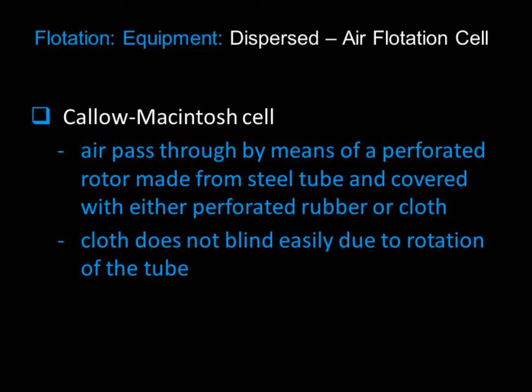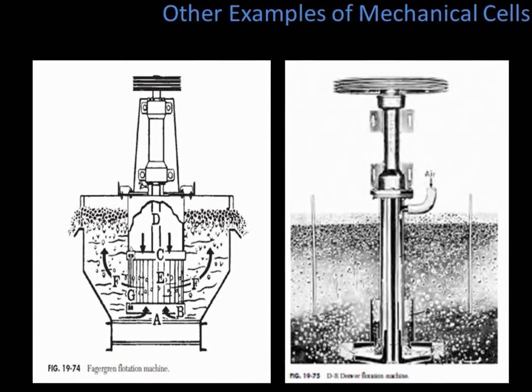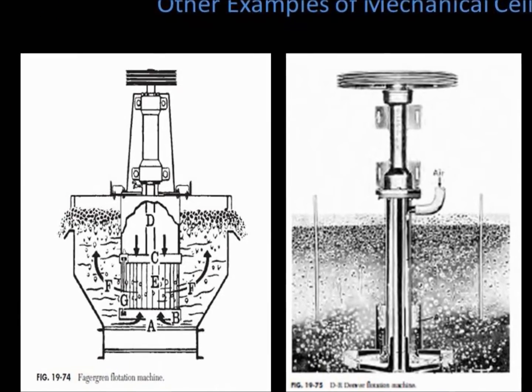Second example is the Callow-McIntosh cell. Air passes through by means of a perforated rotor made from steel tube and covered with either perforated rubber or cloth. Cloth does not blind easily due to rotation of the tube. The following slides are other examples of mechanical cells.